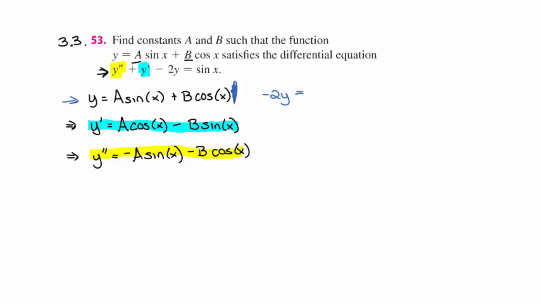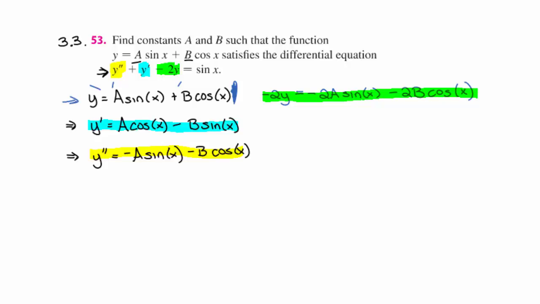Negative 2y is equal to, and I'm just going to multiply both sides of this equation by negative 2, equals negative 2a sine of x minus 2b cosine of x, sorry. And so now I'm going to take this negative 2y and add it to that blue equation and to the highlighted yellow equation.